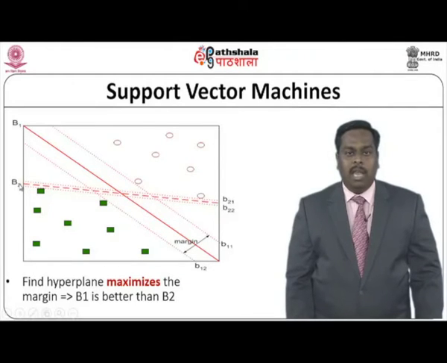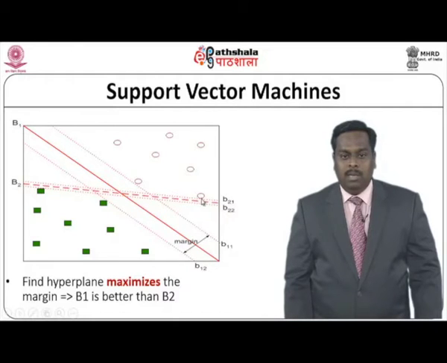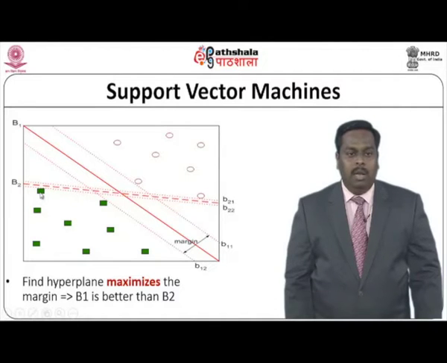Similarly, for the second decision boundary B2, we may find this circle as the nearest point in this data, and this square green shaded data is nearest to the boundary B2. Therefore, we can make use of this green data and this white shaded data for defining the boundary for the line or the hyperplane B2.